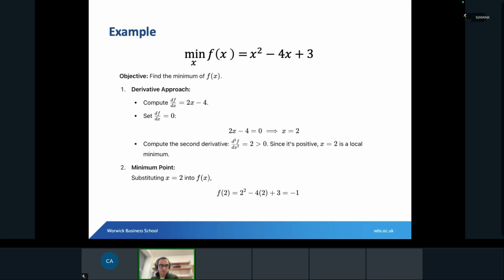Any other questions? So we can find out if a function is concave or convex by checking the second derivative. Yes, of course. Or you can use the definition as well. The second derivative is equal to 0 at a critical point.